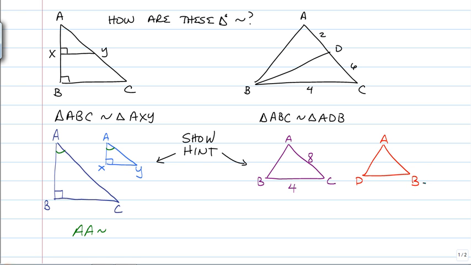So this B is not the exact same measure as the other one, so don't get that part confused. ABC has that big angle, and in ADB, this B is only that big. So don't think that the B's are the same.